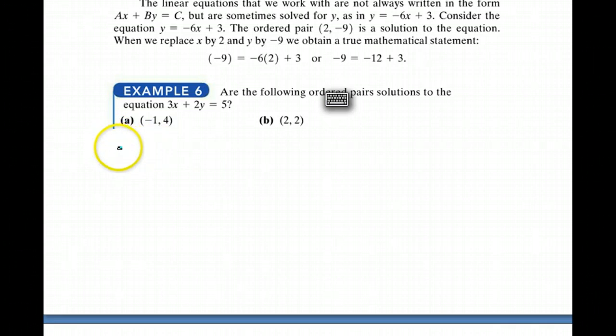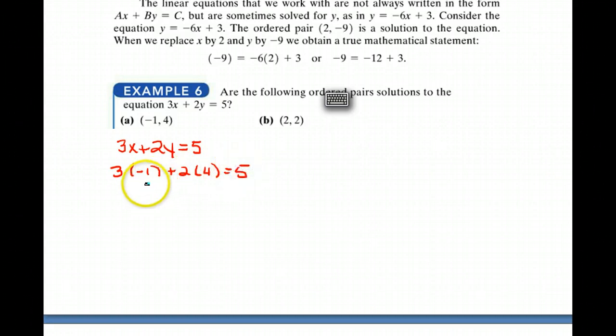So we're going to plug into the equation that we were given. We were given the equation 3x plus 2y equals 5. We're going to substitute. We have 3 times negative 1 plus 2 times 4 equals 5. And now we want to just start doing the math and testing for truth.